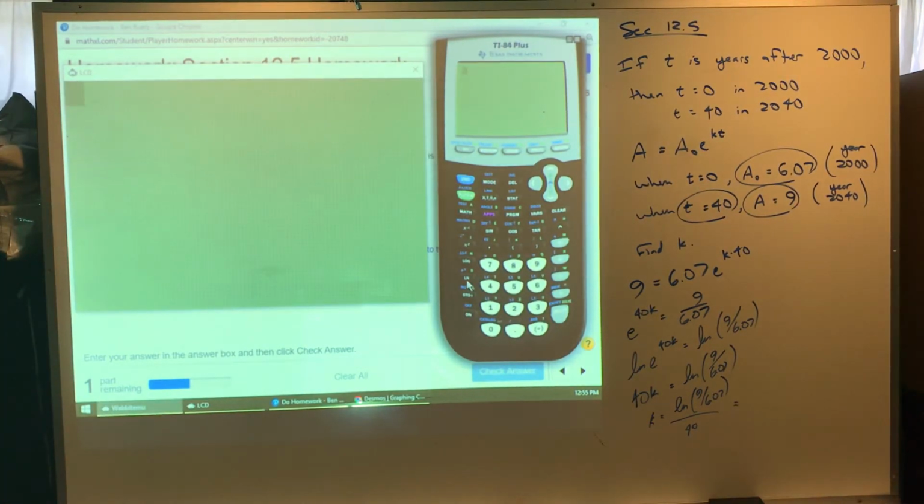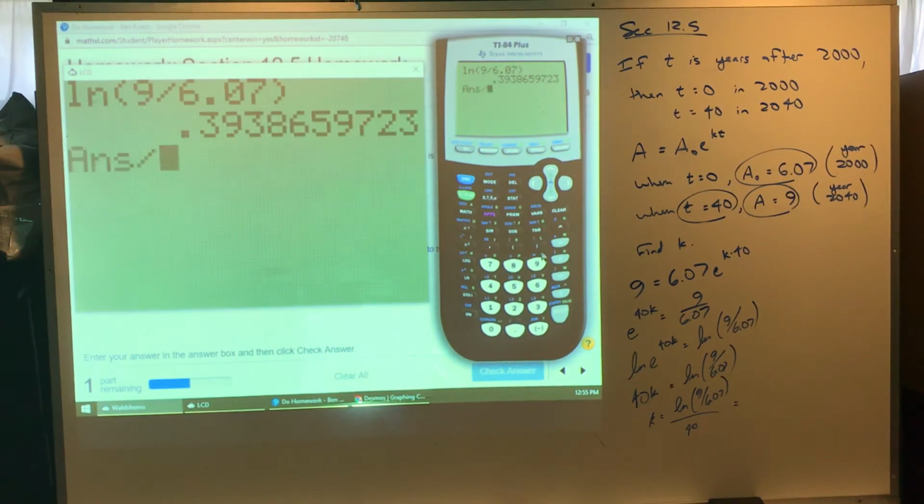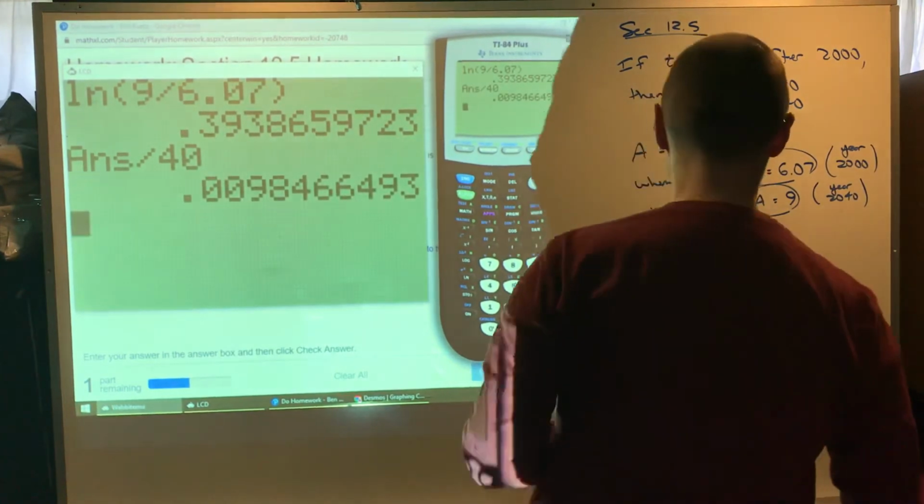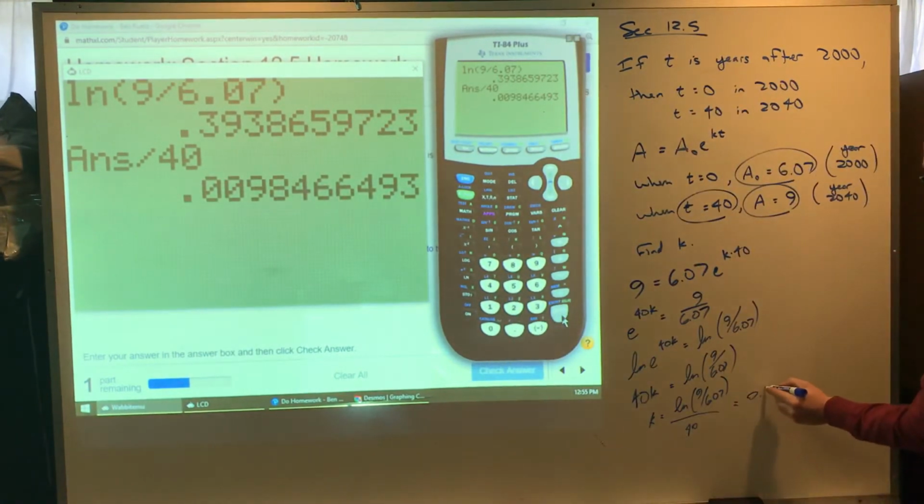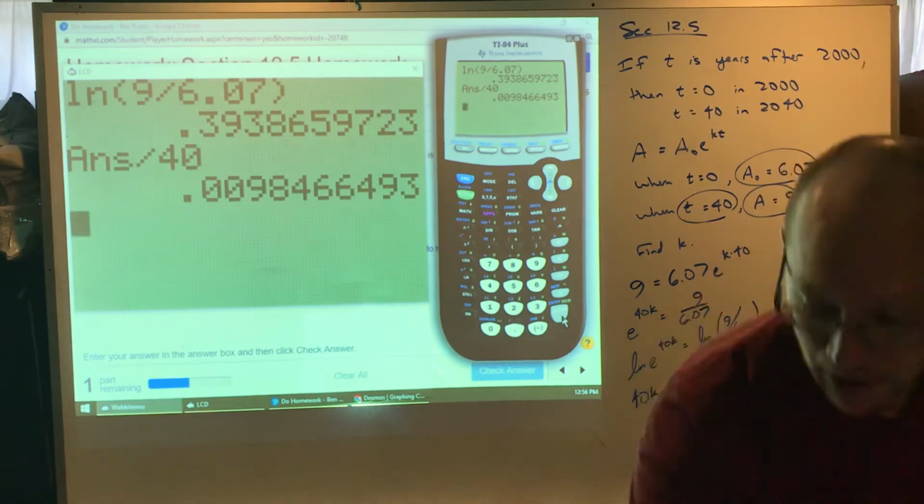The natural log of 9 divided by 6.07, divided by 40, gives me 0.009846. Let's go back to the problem.